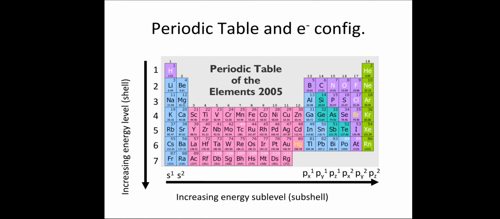But when you move from hydrogen to lithium, lithium will have two shells. Therefore, the electronic configuration of lithium will be 1s2 2s1. Similarly, when you move from left to right, there will be an increase in the energy sublevel. That is, from s1 to s2, you will move to px1, py1.